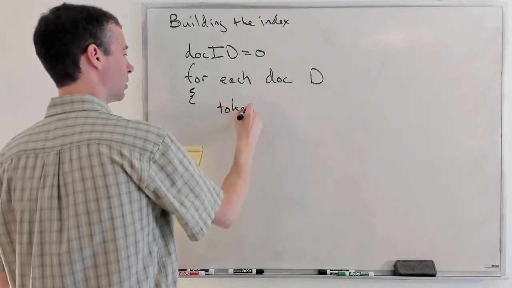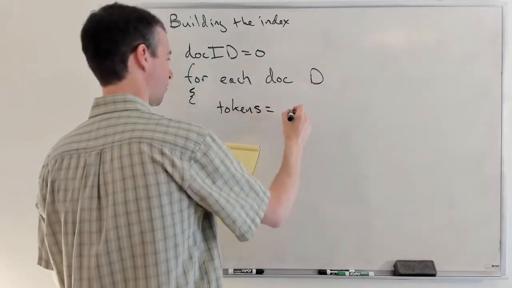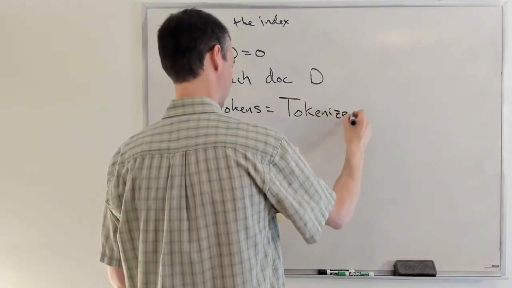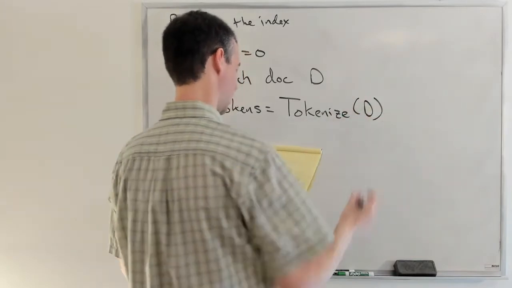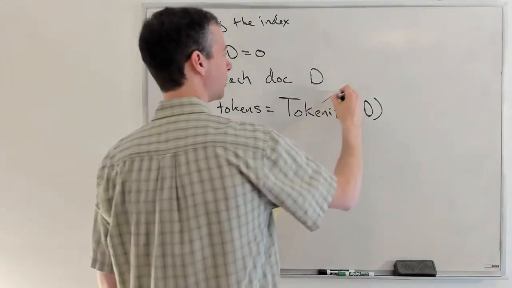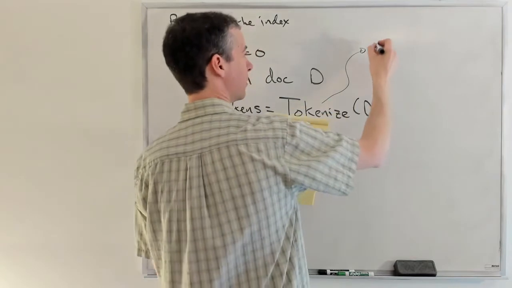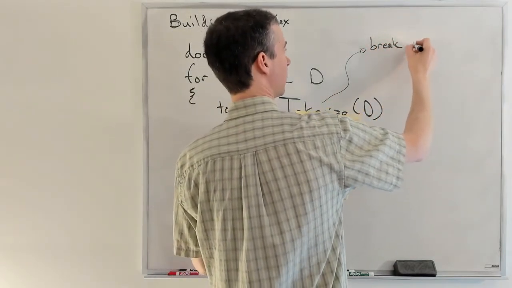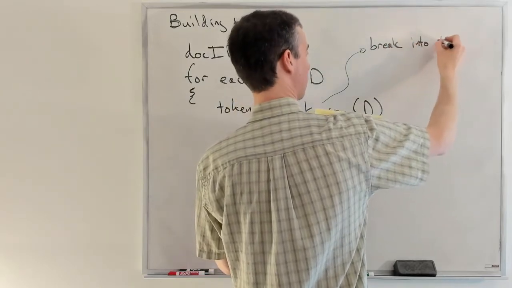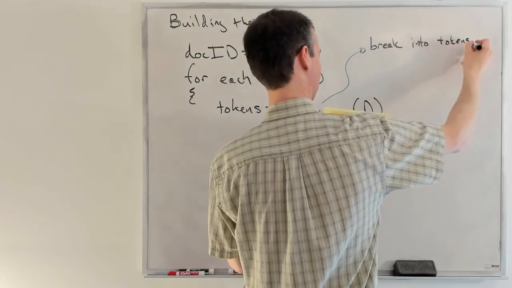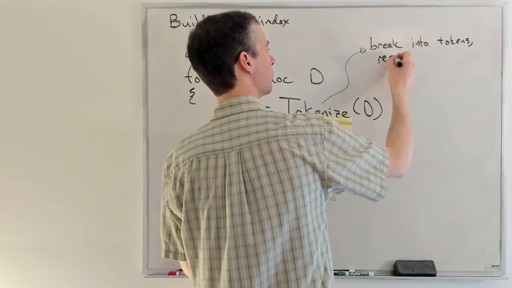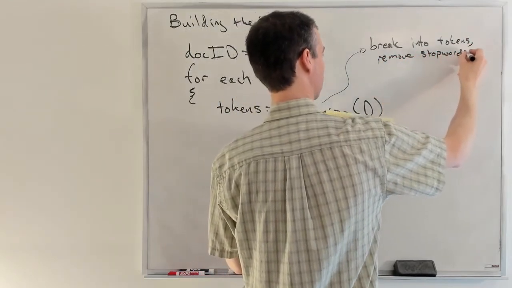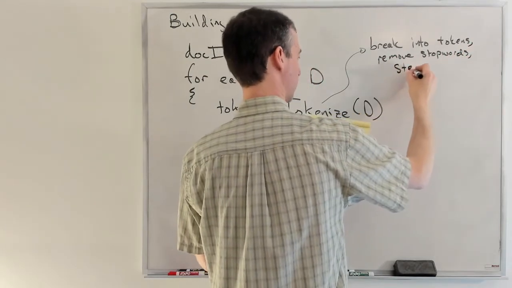First, we have to get our tokens, and we call tokenize and we pass in that document D. Remember, we already covered this, but this is the method that breaks D into tokens. It removes any stop words. Stems the tokens.